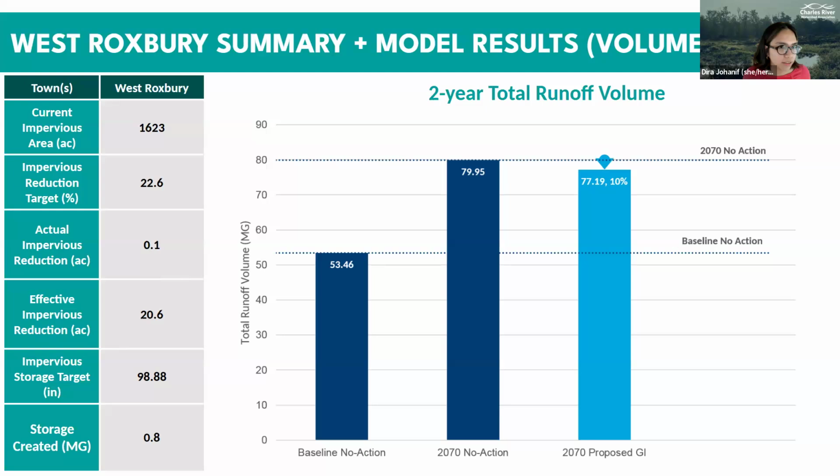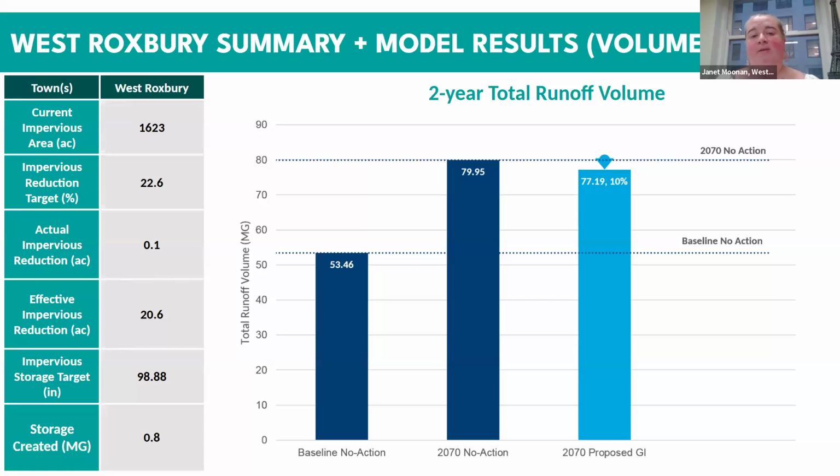This is the correct numbers for the Sawmill Brook Pond and Wetland. And as I had been verbally explaining, even though the graph didn't match the slide, if you all recall, the bar on the left is what we would expect in the catchment, the whole sub area of the model that this site lives in under baseline flood conditions: that could be over 50 million gallons of water, and that could increase to almost 80 million gallons of water by 2070.